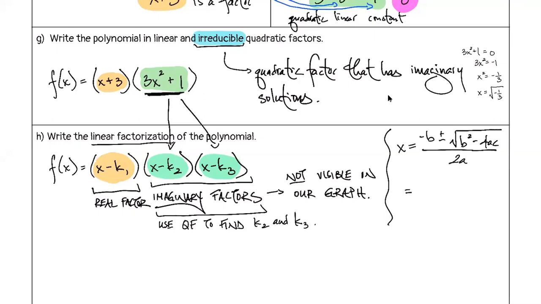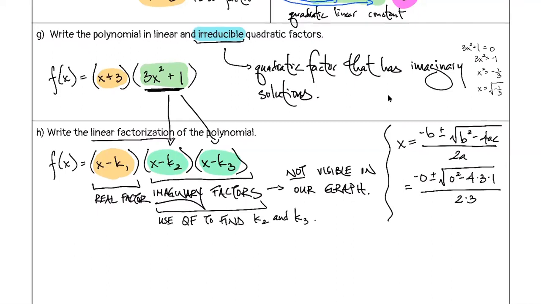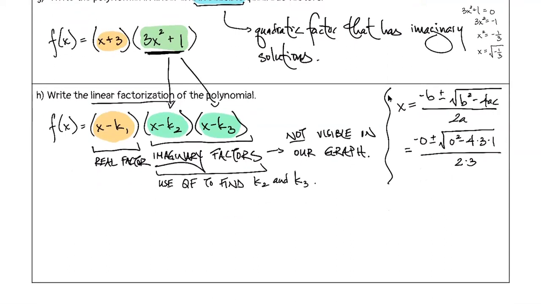Now, in this case, the b value is 0 because there's no linear term. And so we'll get 0 squared minus 4 times 3 times 1 over 2 times 3. Which means we'll get plus or minus the square root of -12 over 6.